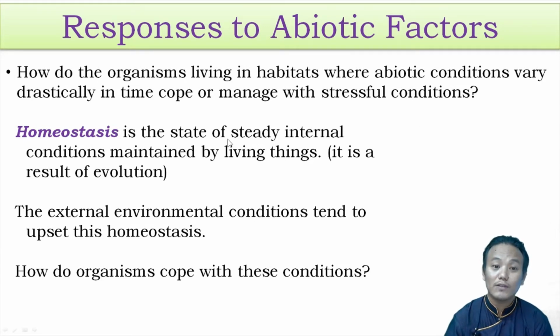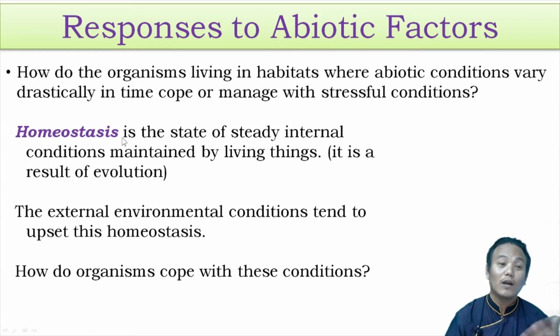That particular steady internal state is called homeostasis. The problem is that the external environmental conditions, which keep on changing from time to time, tend to disrupt or upset this homeostasis, and therefore it is quite stressful for living organisms. And the question is, how do organisms cope with these stressful conditions?